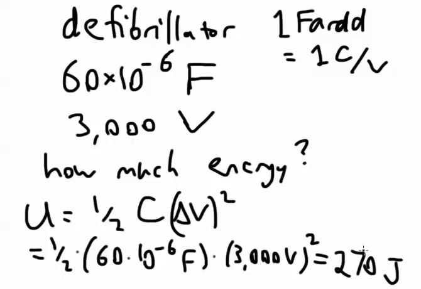So that's the amount of energy that would go through someone's body if this capacitor were discharged into them, and maybe that would all go through their body in 1,000th of a second or a millisecond, which is pretty fast for 270 joules of energy to go through you.